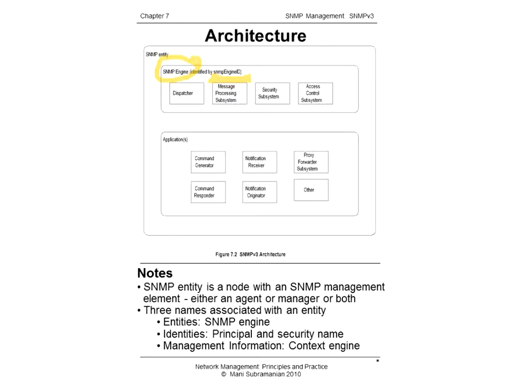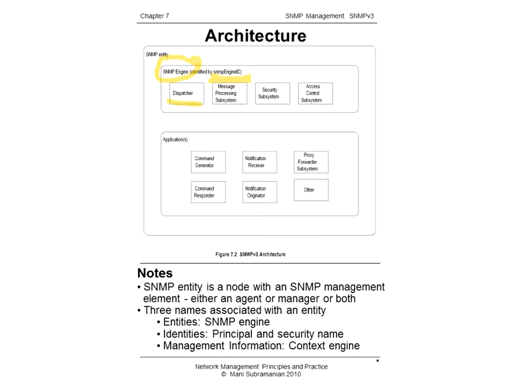Now here in table 7.2, you can see we have dispatcher, message processing subsystem, security subsystem, and access control subsystem for SNMP engine. Now see the dispatch subsystem. There is only one dispatcher in an SNMP engine, and it can handle multiple versions of SNMP messages.